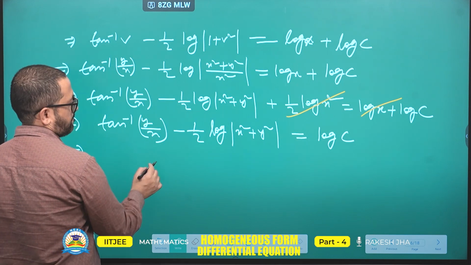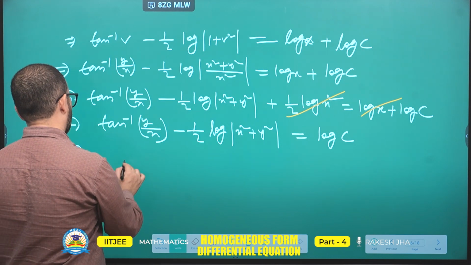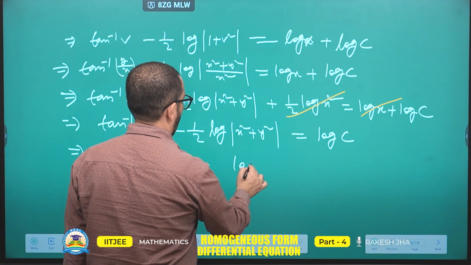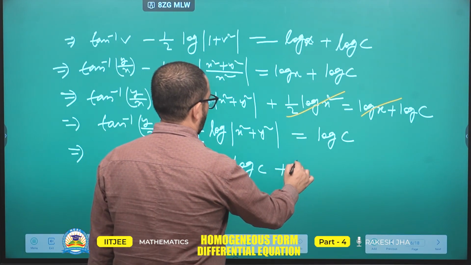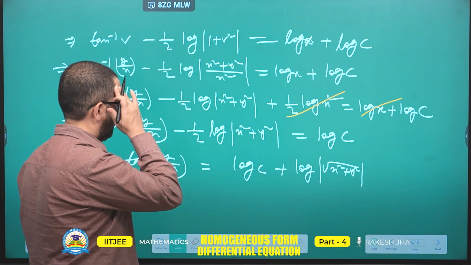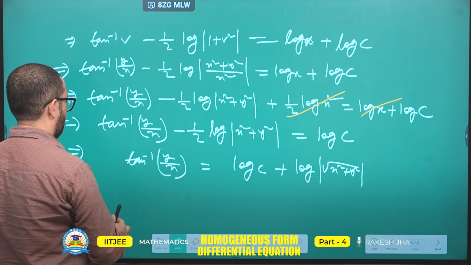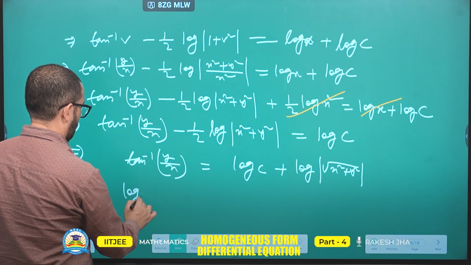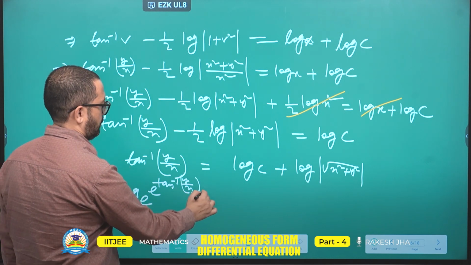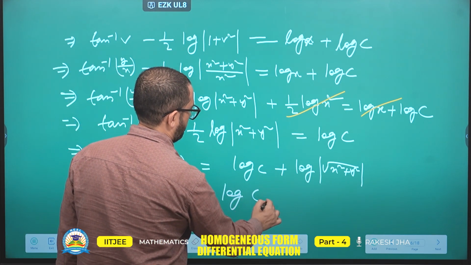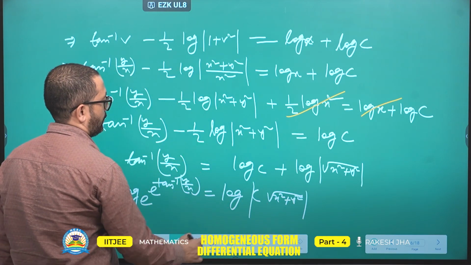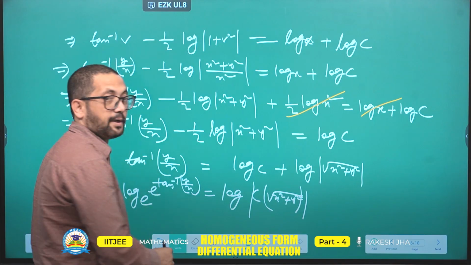So here we can write tan inverse y upon x is equal to log c plus log root under x square plus y square. And if you want both sides log, then we can write log base e, e raised to the power tan inverse y by x is equal to log c times root under x square plus y square.